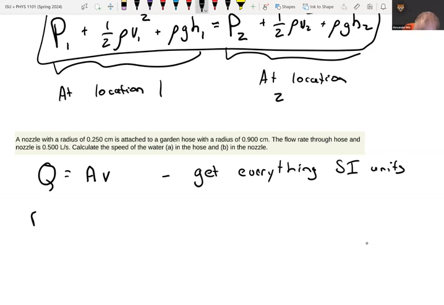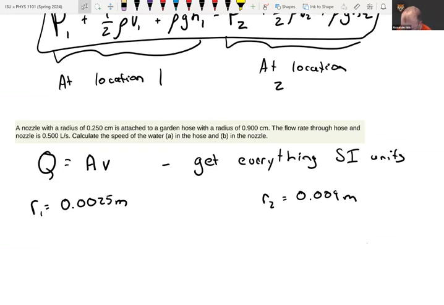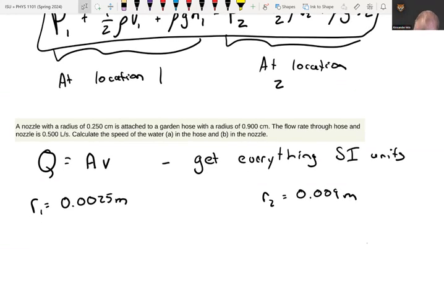So R1, that's 0.25 centimeters, which is 0.0025 meters. I'll do R2 off to the side here. R2 is 0.009 meters, so 9 millimeters. And then Q1 is going to be equal to Q2.